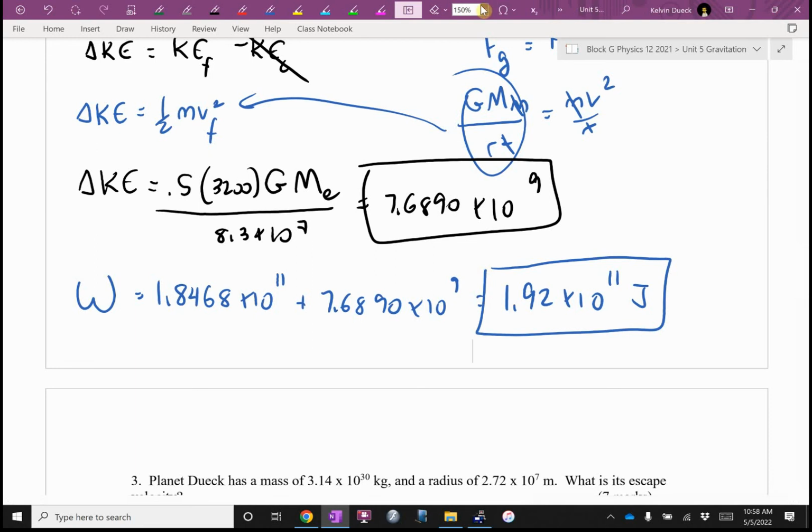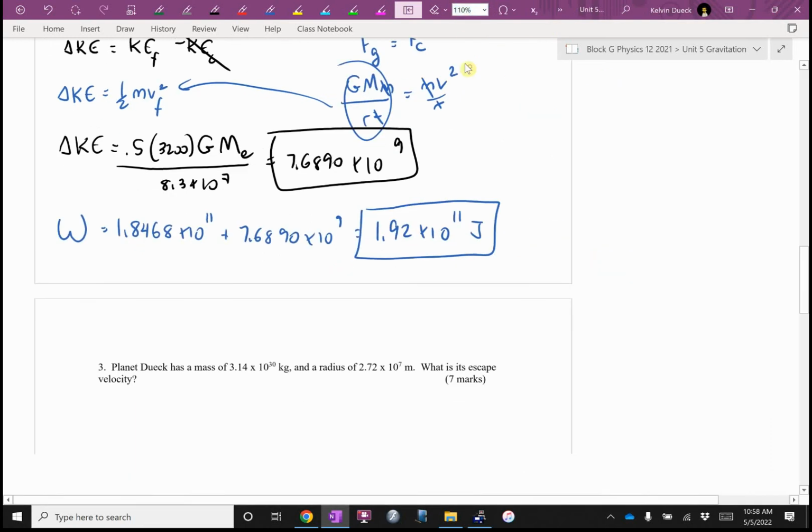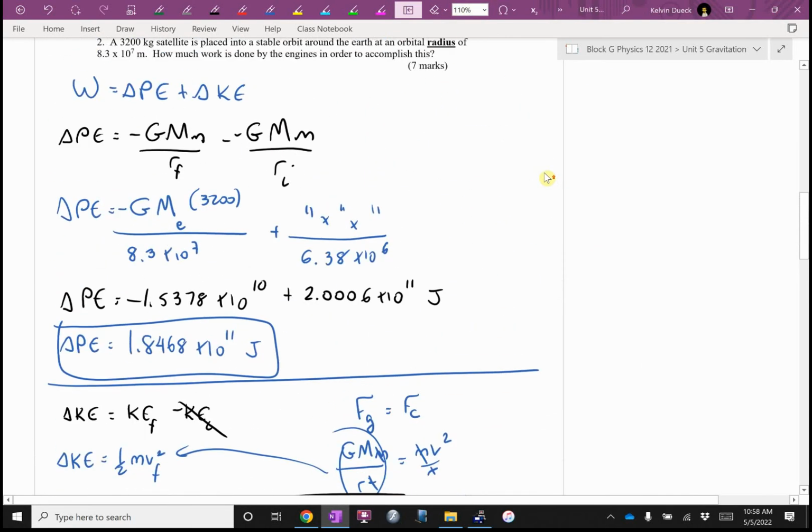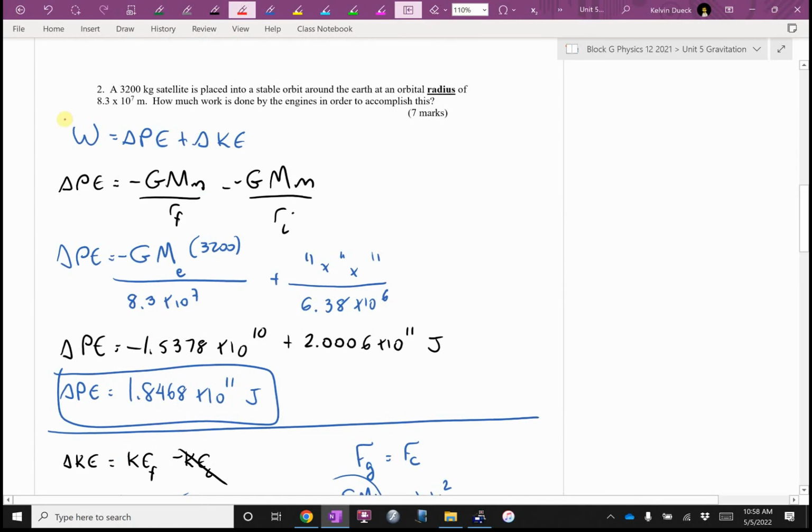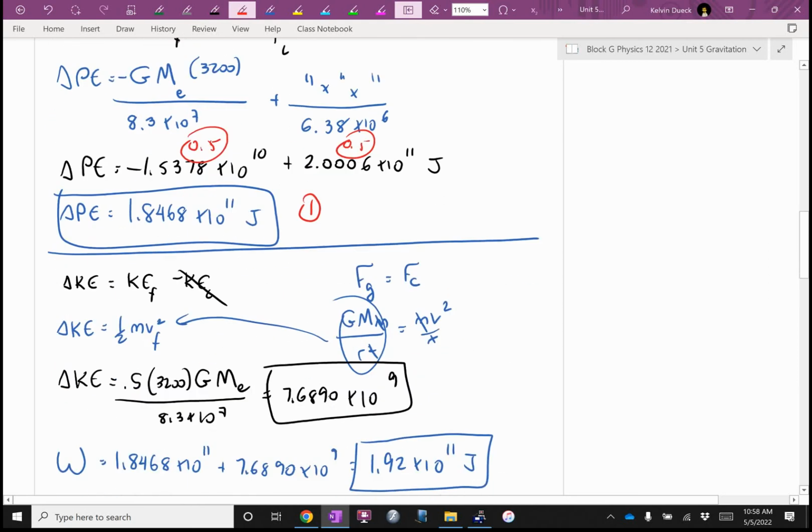7 marks if you got that. Otherwise, how would I do a mark breakdown? That's a good question. I would probably go something like this. 1 mark for that. I would probably go 1 mark if I saw that, 1 mark for the answer. In fact, probably what I would do is I would give you a half mark if I saw that number and a half mark if I saw that number. So you would get 3 marks for finding the change in potential.